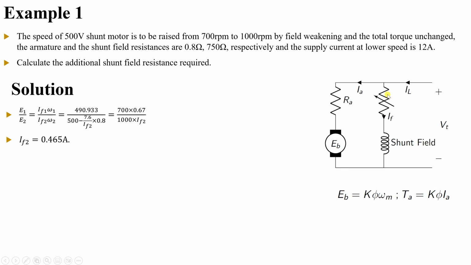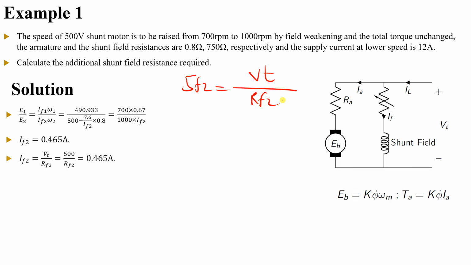Now, how can I get the new resistance? As you can see, IF2 is simply equal to V terminal over RF2, the new resistance after adding a resistance. So RF2 will be 500 divided by 0.465. We have the current and we have terminal voltage 500.